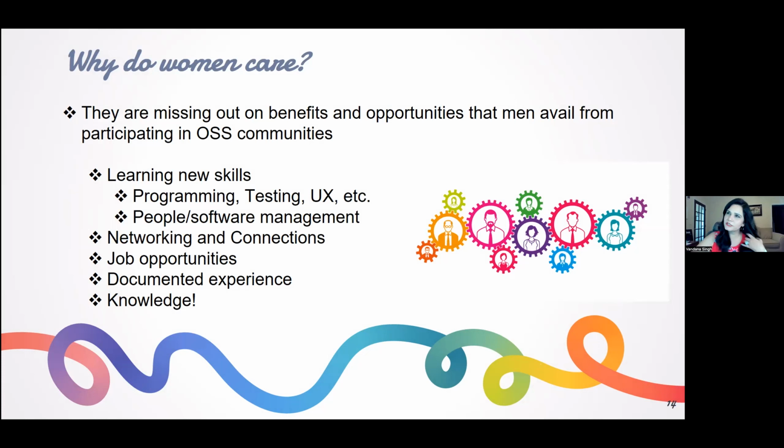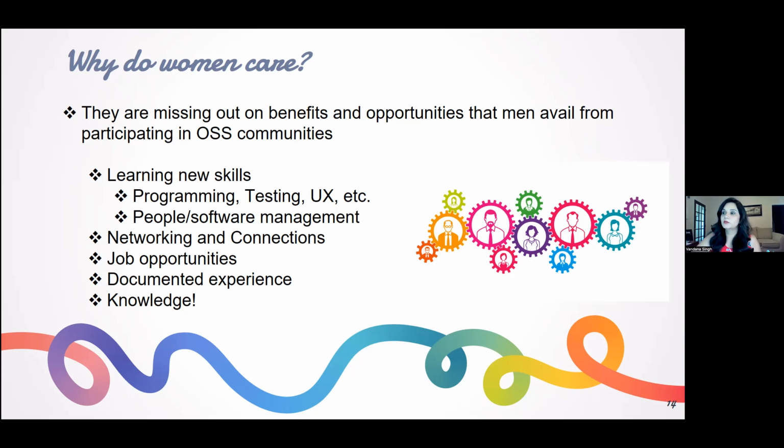But there's also the argument that maybe women don't want to do this, maybe they are not interested. Are we going to push women to do this? So let's look at what women lose if they're not participating in open source software. Let's look at the benefits and opportunities afforded to men who participate in open source communities. They learn new skills: programming, testing, UX, people and project management skills.